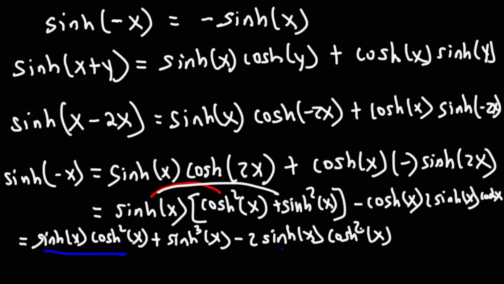Now, these two expressions, we can combine them. So this is 1 minus 2, and it's going to become negative 1. So right now, we have sine cubed, and then minus sine cosine squared.